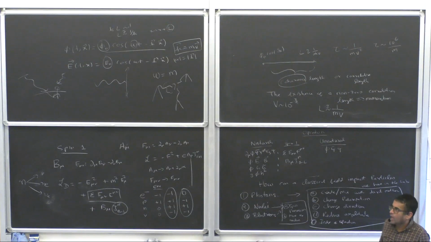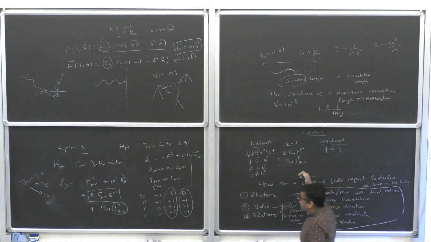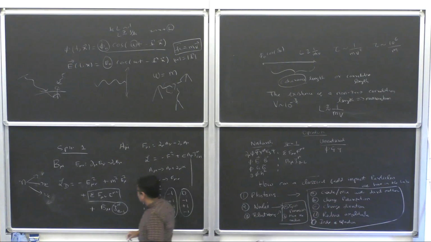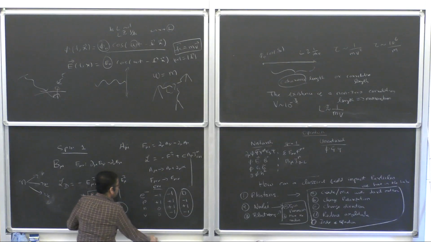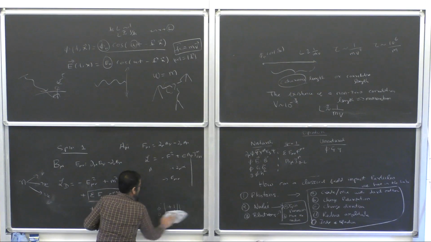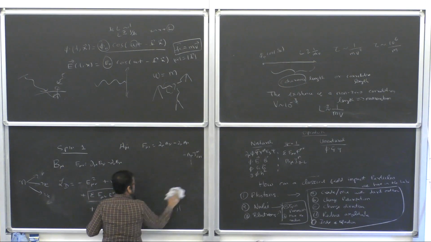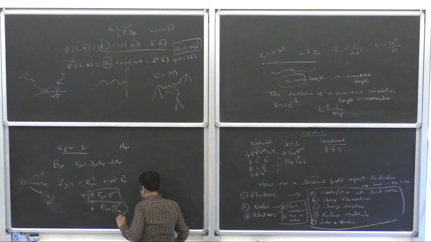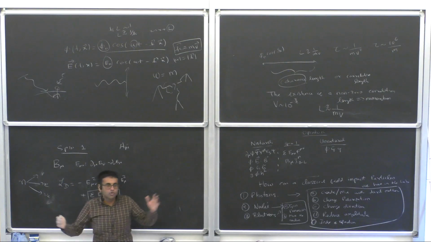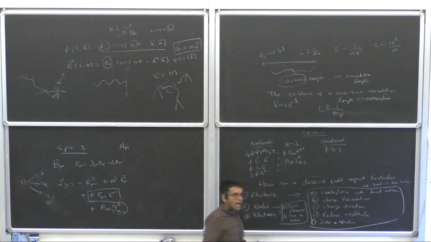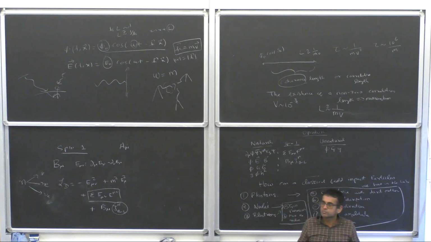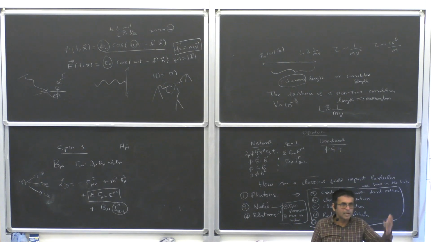One can also go a little bit beyond this and say that, look, I know that various standard model particles, like the neutron, have a magnetic dipole moment. It can also have an electric dipole moment. We will talk about that in the next lecture.